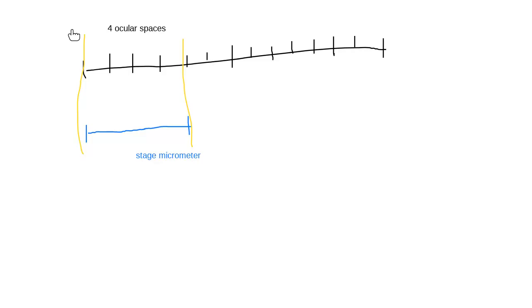If you're wondering how we know how large is this space of the ocular reticle, the little ruler in your eye, then the answer is we measure this. And the way we measure is, instead of putting a sample on the stage that you don't know the size of, you put a little thing called a micrometer, which is a very tiny ruler.